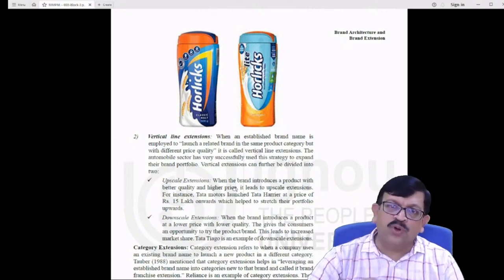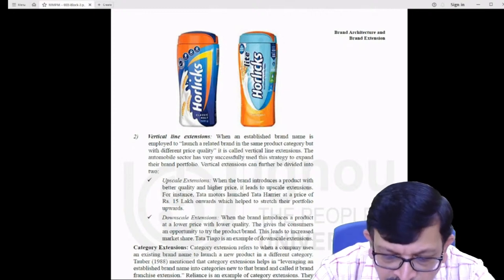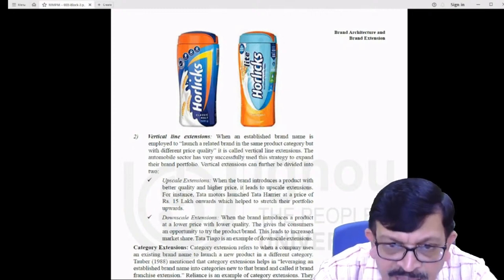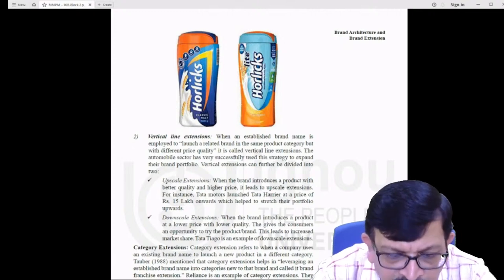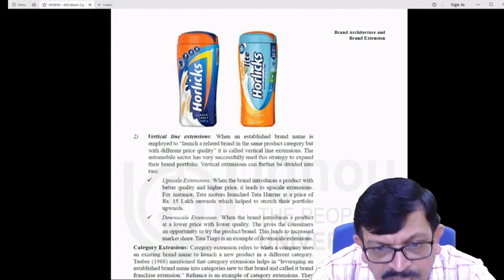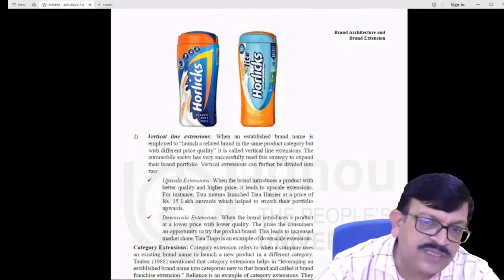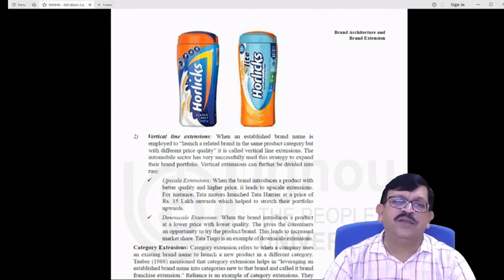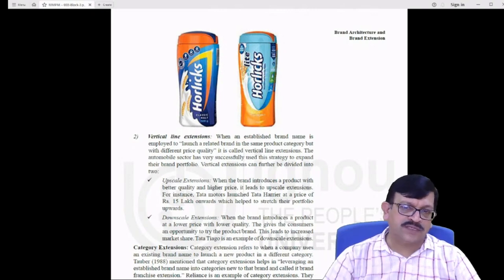More or less it remains the same product category, but the attributes or benefits it has can be changed, added or deleted, impacting the price parameter. So for a price sensitive customer, this would be a very opportune offer. Vertical extensions can be divided into an upscale extension or a downscale extension.